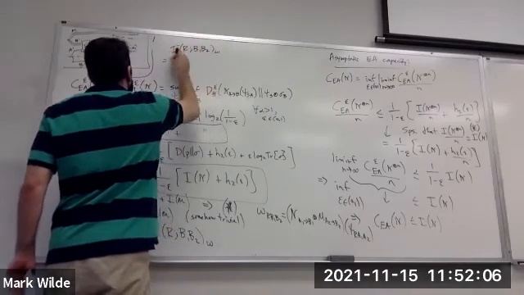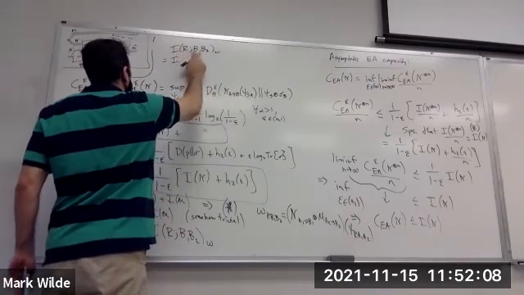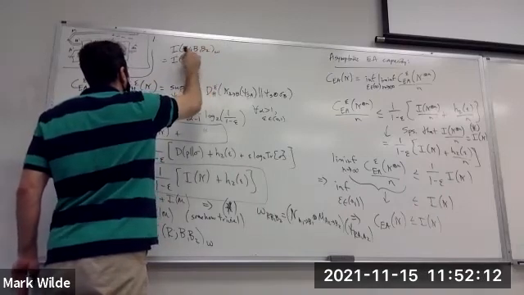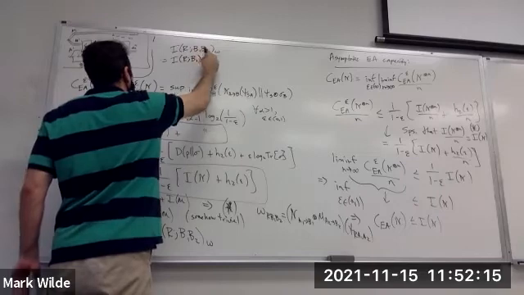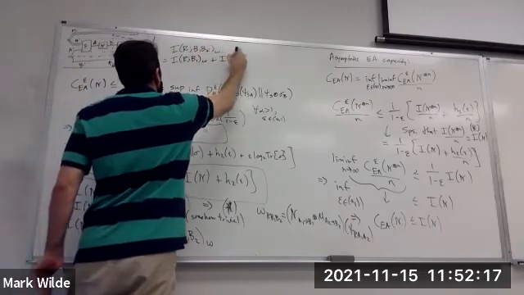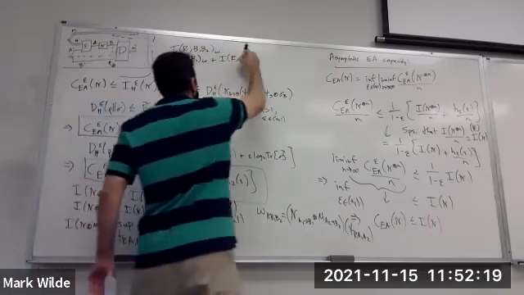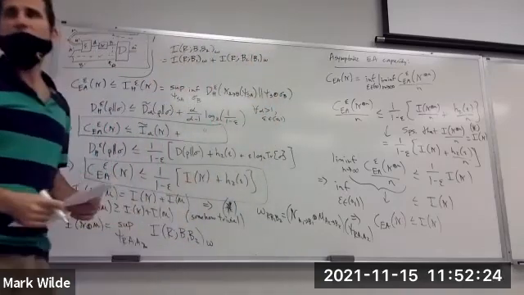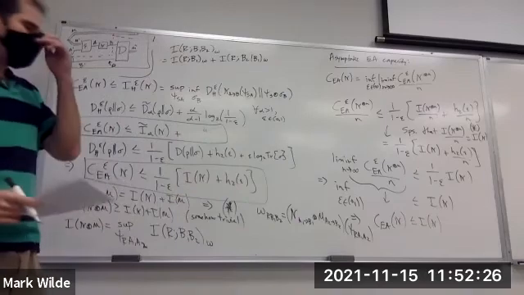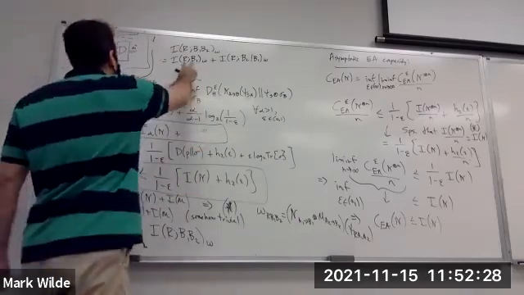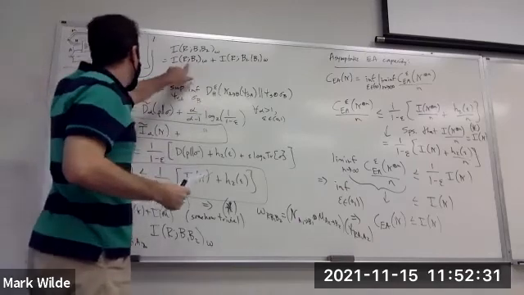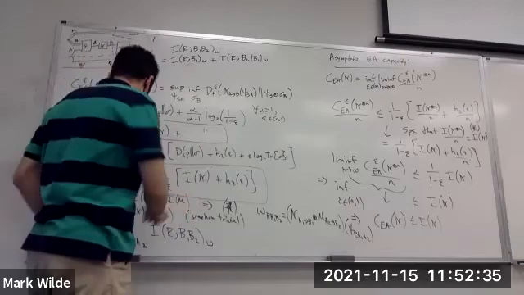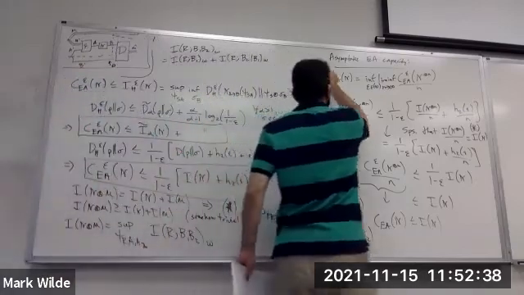Chain rule. First step. So look at the correlations between R and B1 and B2, build them up one at a time. So first we have the correlations between R and B1, plus the correlations between R and B2 given B1. That's the chain rule. Okay. A picture is helpful for this.